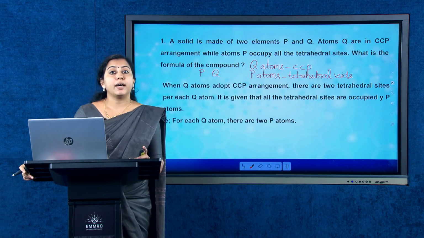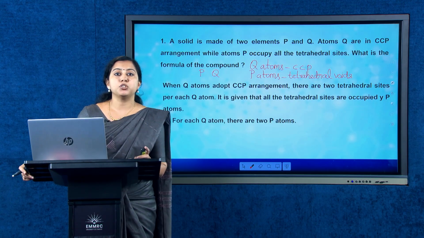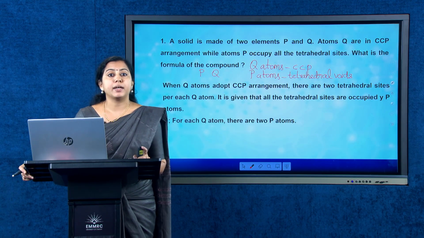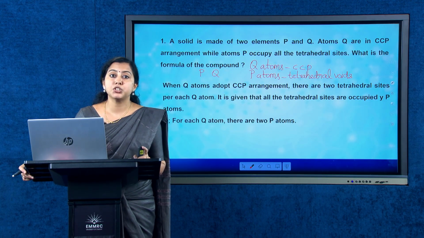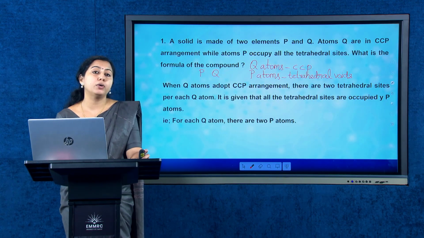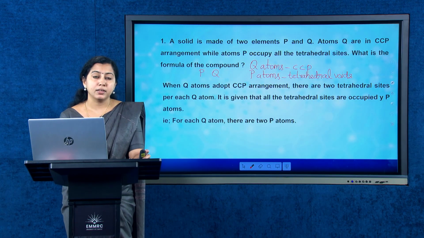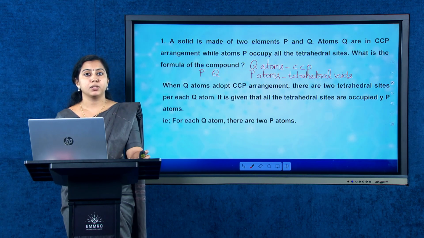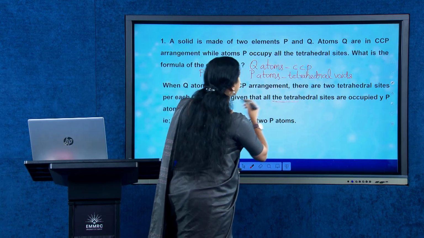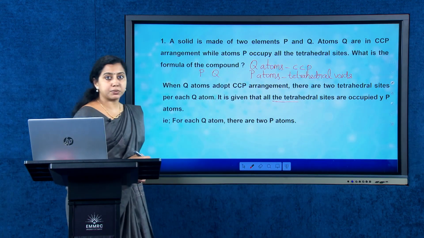So, if Q atoms adopt a CCP arrangement, then there are two tetrahedral sites per each Q atom. That is, if the number of Q atoms is n, then there will be 2n tetrahedral voids. In the question it is given that all the tetrahedral voids are occupied by the P atoms. Okay.